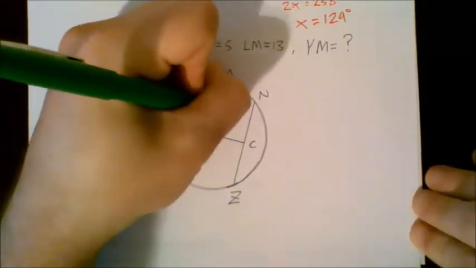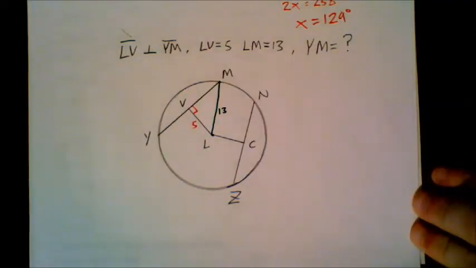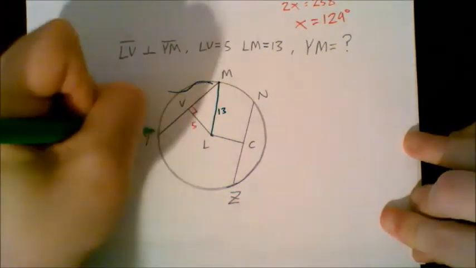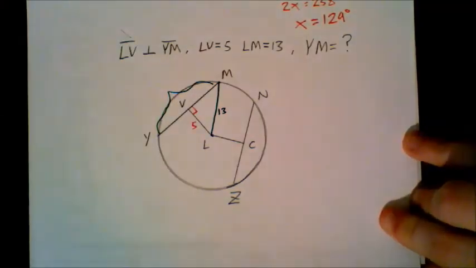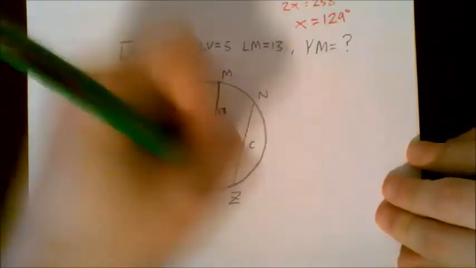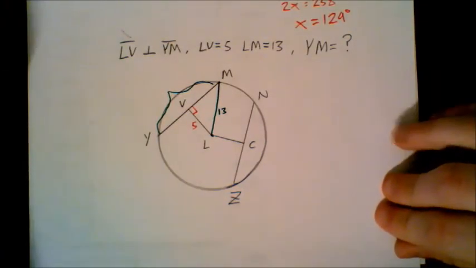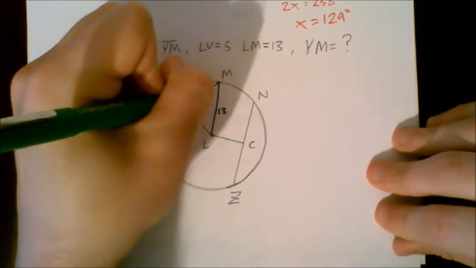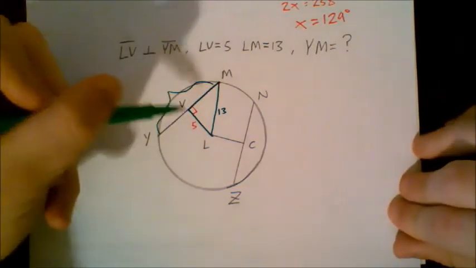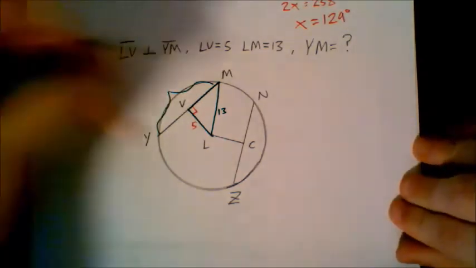This is 13. What they want us to do is find this segment right here. We don't even need to use any of this stuff. That's just extra information that they're giving us. Everything we need has to do with this triangle right here. Notice how this is a right triangle.